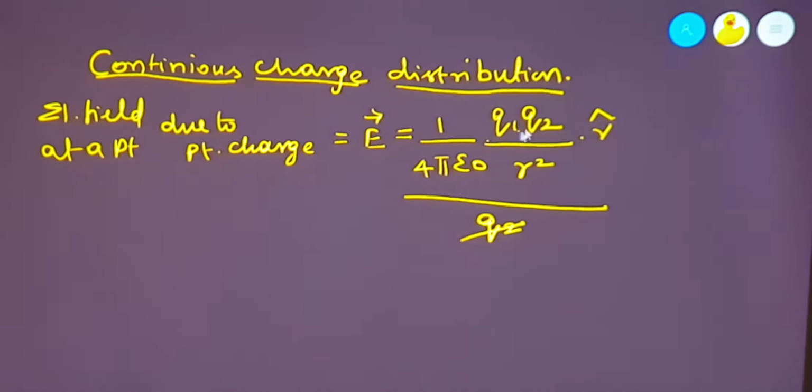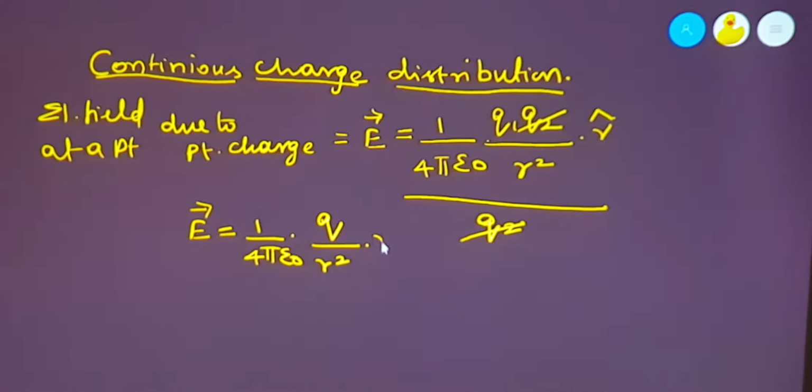So Q2, or Q0, gets cancelled, and the net electrical field is E vector equals 1 divided by 4 pi epsilon 0 into Q divided by R square into R cap.